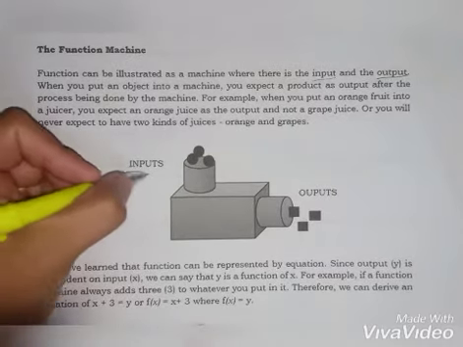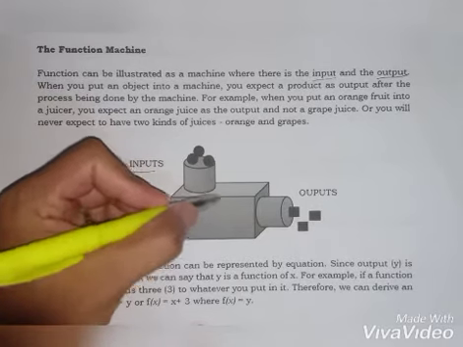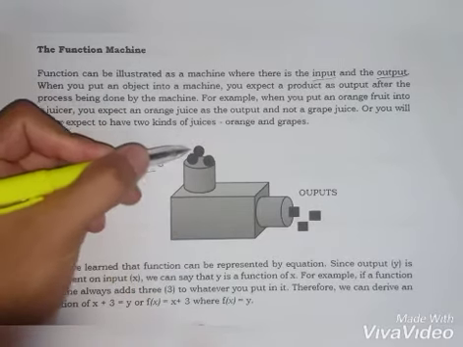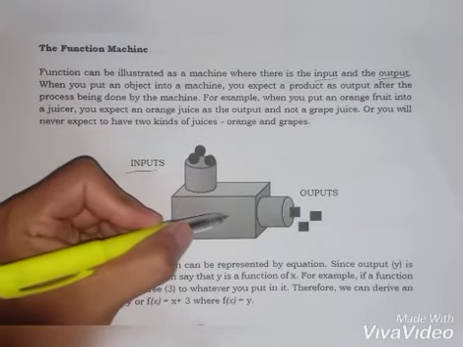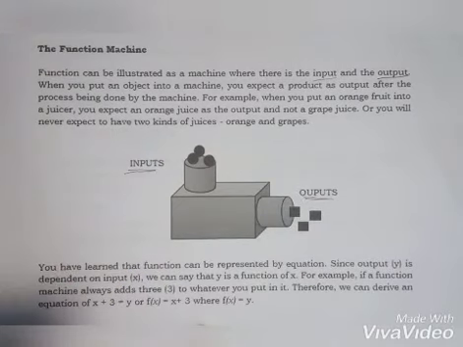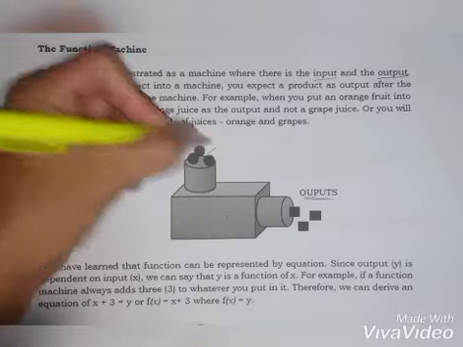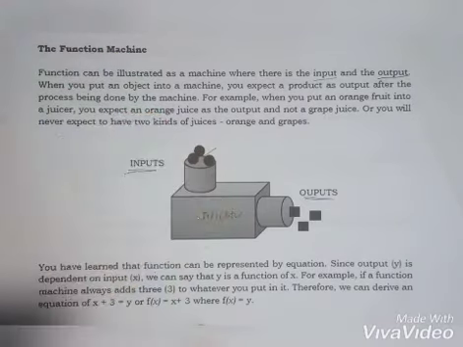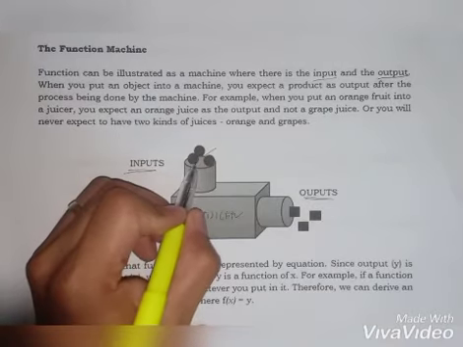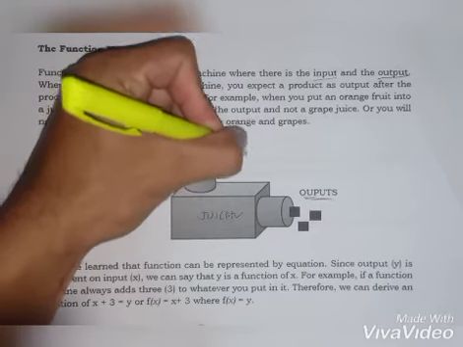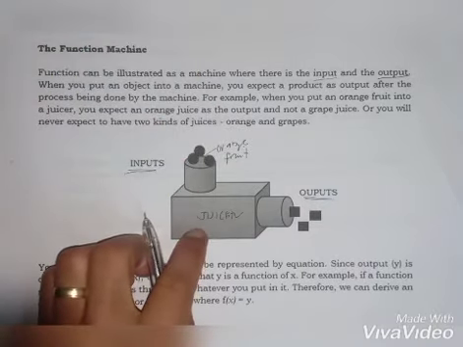Or you will never expect to have two kinds of juices, orange and grapes. So we have here the input and we have here the machine. If you try to input a certain thing into this machine, of course you will have an output. So going back to the example on orange juice, these are the orange fruit and this is the juicer or the machine.